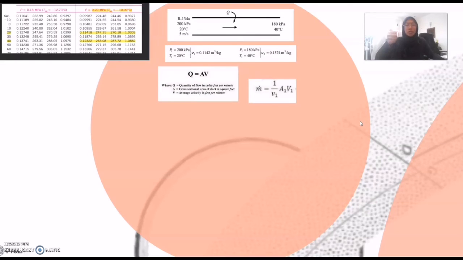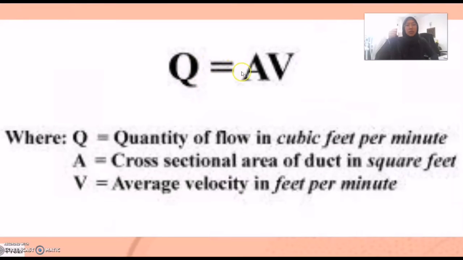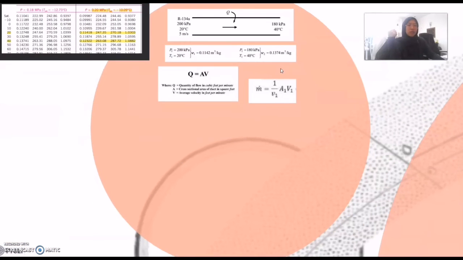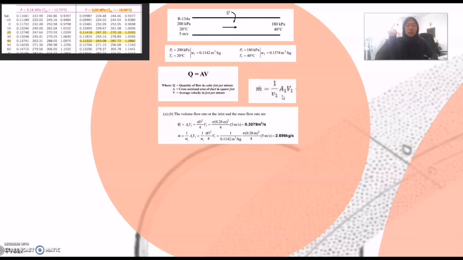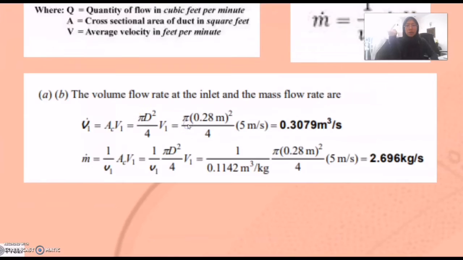So the first question asks about the volume flow rate. Volume flow rate is Q equal to AV, or some other books use V dot to represent the volume flow rate. V dot and Q are the same, so we can use this formula, which is area times velocity. And mass flow rate, represented with m dot, is equal to 1 over specific volume times area times velocity. So how do we find the volume flow rate?